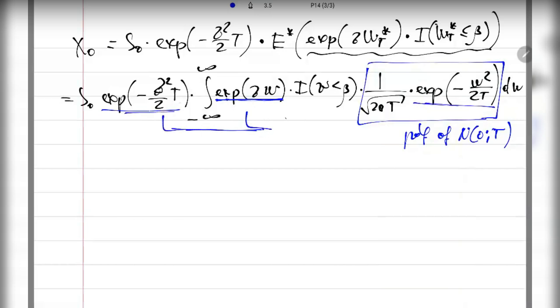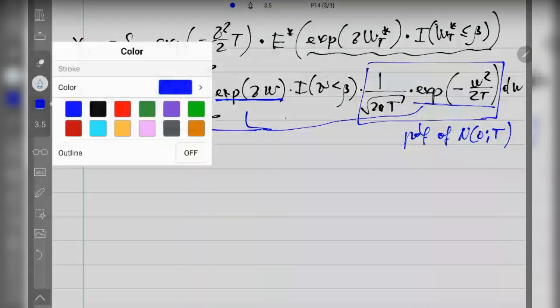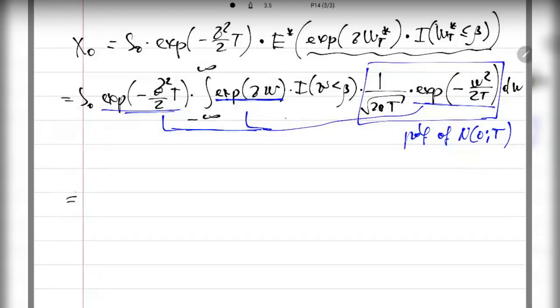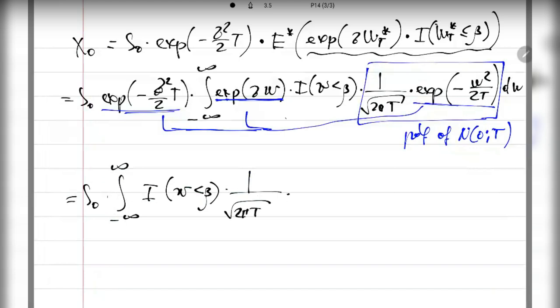We will bring them together. What do I have? S0 times the integral from minus infinity to plus infinity of the indicator that W is less than beta, times 1 over square root of 2 pi T times a big exponent, dW.